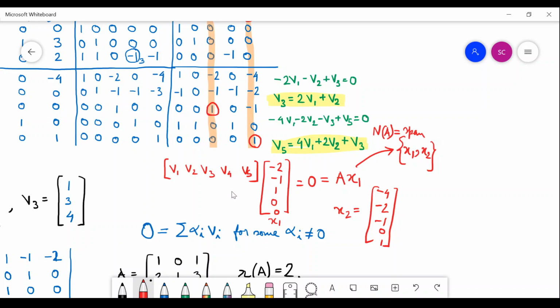Theoretically, I hope many of you can understand, but if there is a doubt, take x1 plus x2, see what x1 plus x2 is, and then put it with v1 to v5 and add; it will give you 0.